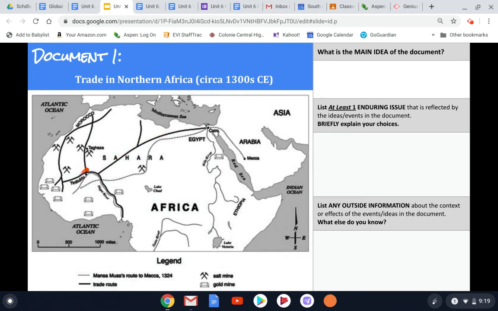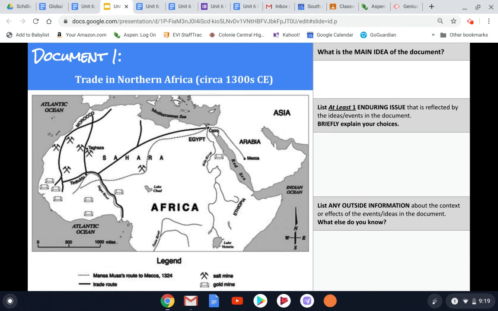A big long one going from Timbuktu across the Sahara to Cairo, Egypt, and up to the Mediterranean Sea in that direction. So that right there should kind of trigger some information and remind us about where the major trade routes were going in and out of, like this trading capital of Timbuktu.